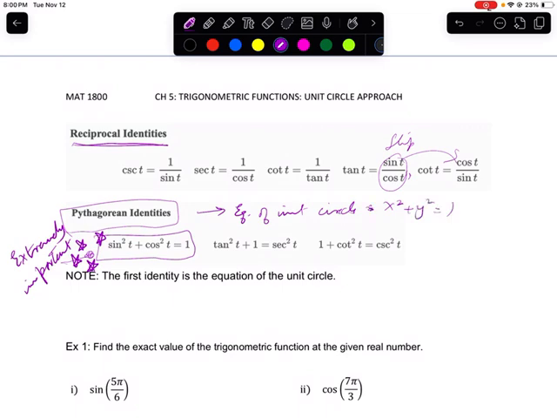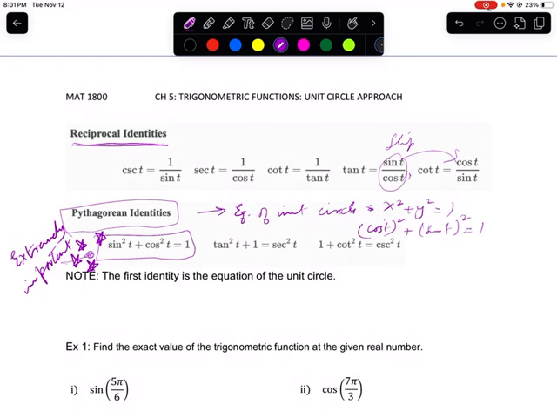But how did we define what trigonometric function equals x? We just defined the trigonometric functions a little while ago in this section. So remember, x is cosine of t. So in place of x, I can write cosine of t whole square, and in place of y, I can write sine of t whole square, equal to 1.